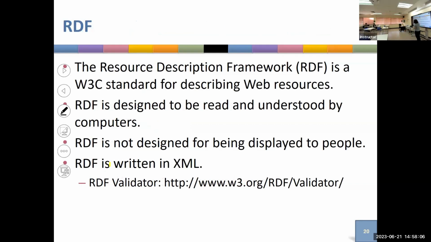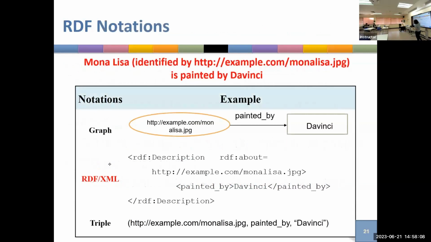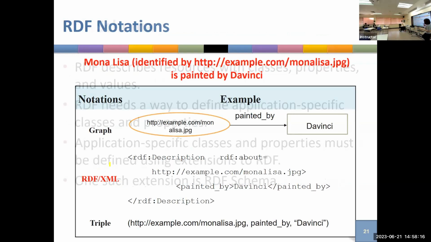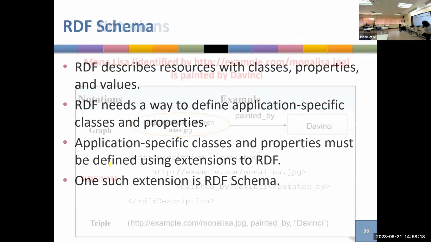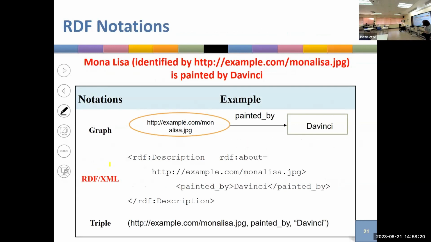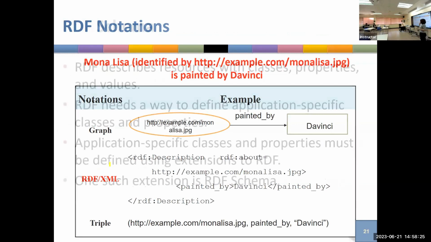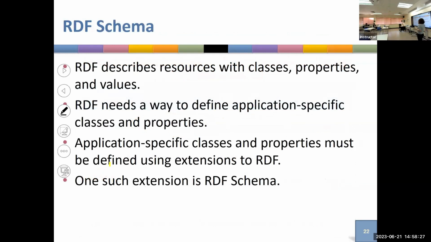Anyway, RDF we know about already. Notations of RDF: the graph notation, the RDF XML notation, the triple notation. This one is just Mona Lisa, painted by Da Vinci.